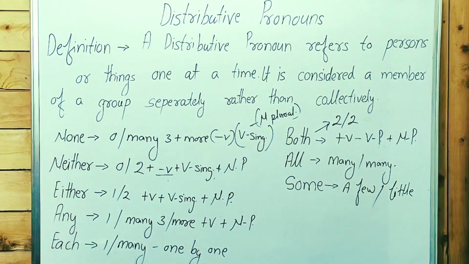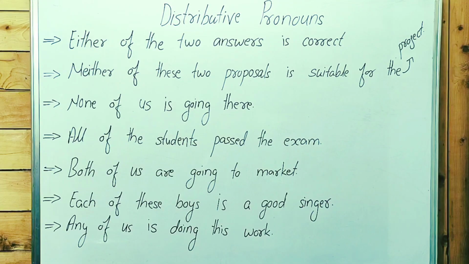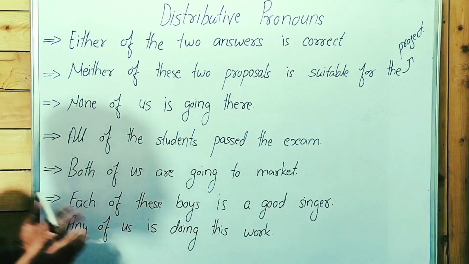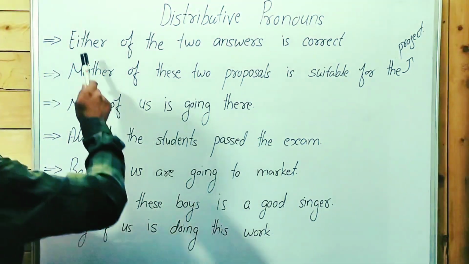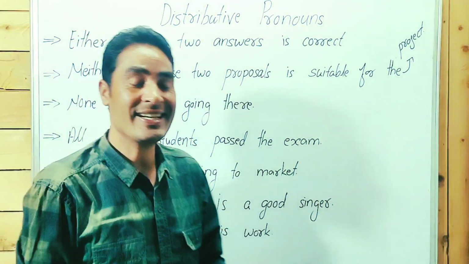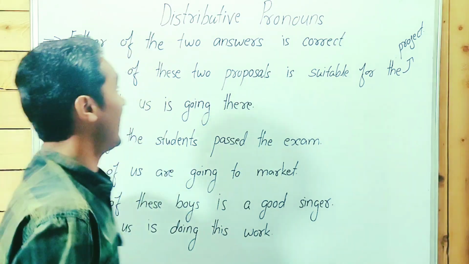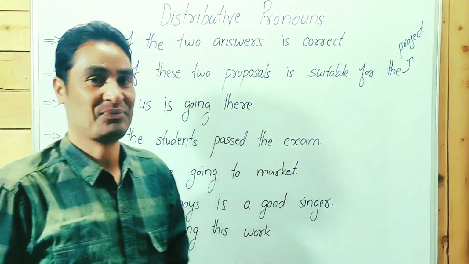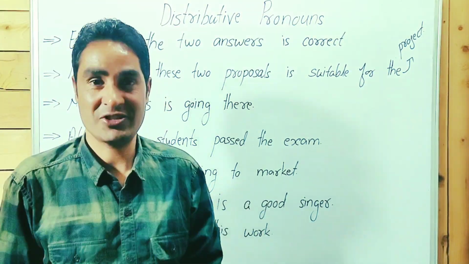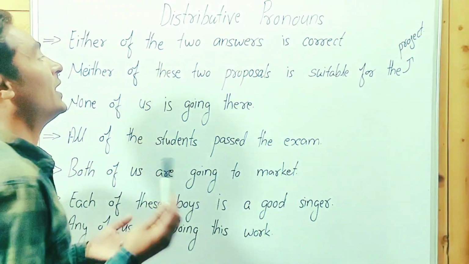If you want to take a screenshot, you can take. Have a look at the board. Here are some examples. Either of the two answers is correct. Okay, as you know, either stands for 1 out of 2. So here we are talking about two answers.